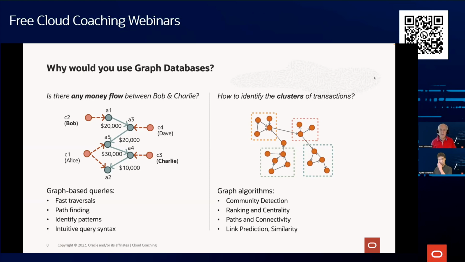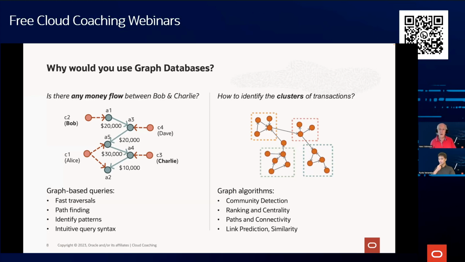Second question. By the way, you can actually also use that approach to look for other patterns, like cycles in the graph, which would be representing circular money transfers, right, from account A1 to A3 to A5 to A1 would be like a circular money transfer.